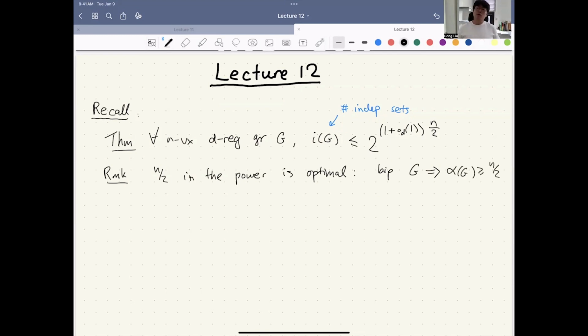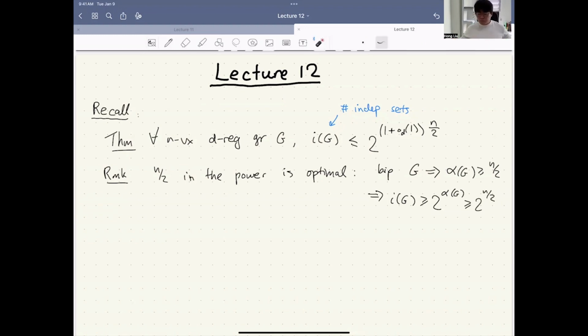And by taking all subsets of the largest independent sets, you immediately get that I(G) is at least 2 to the alpha(G). Okay? So 2 to the n over 2, this leading term cannot be improved.